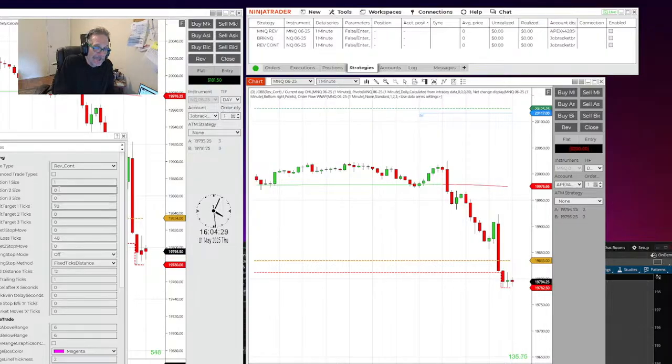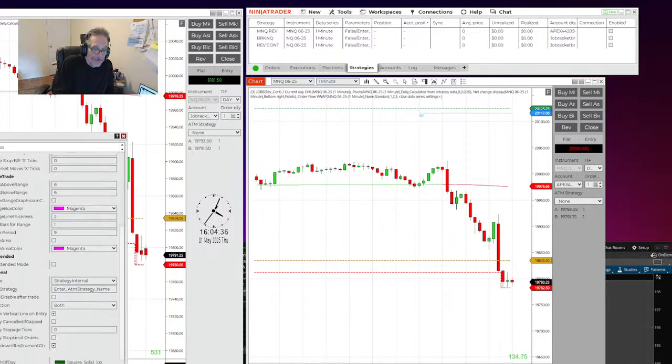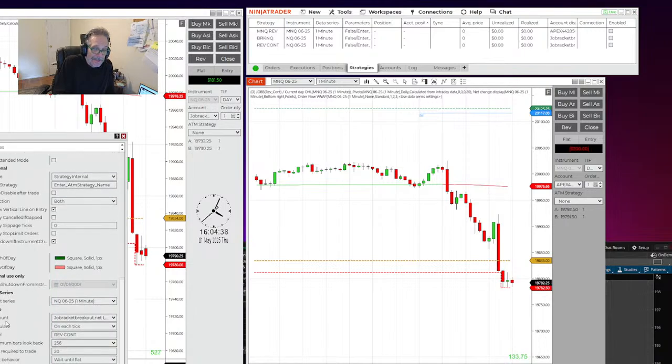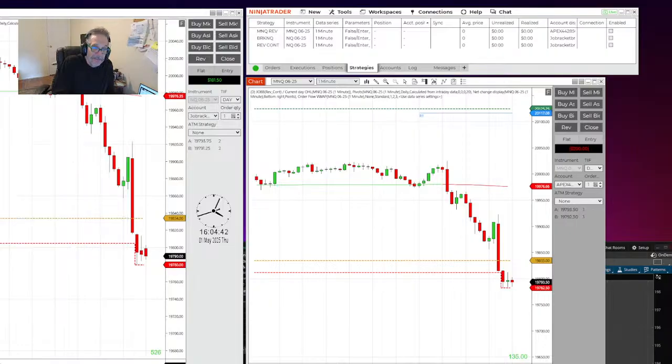That's it. One position, a target, and a stop. And choose the account you're trading it in. Then when you apply it and OK it, once you enable it, your reversal will give you two buttons in the upper left-hand corner, instant long, instant short, and that's it.